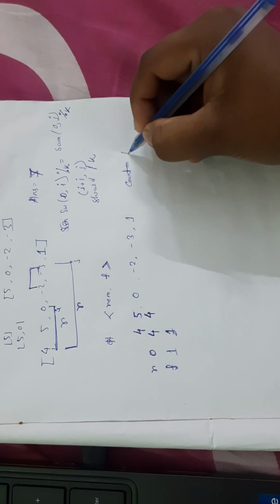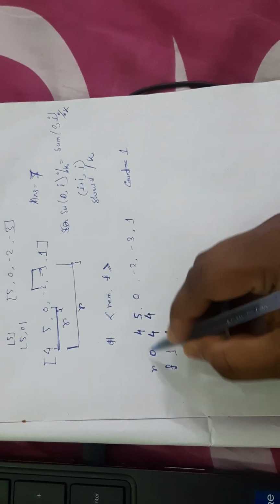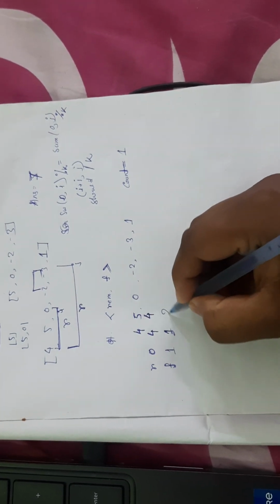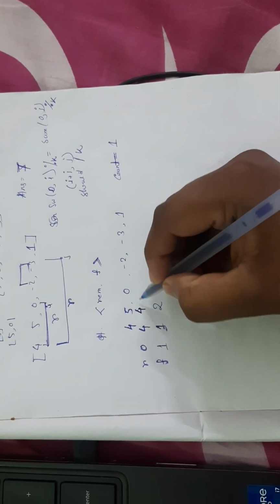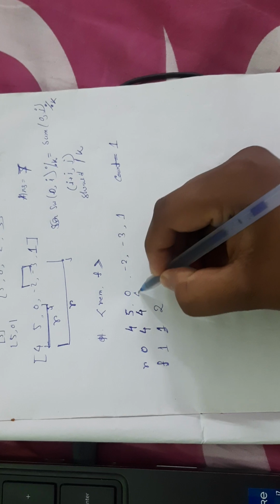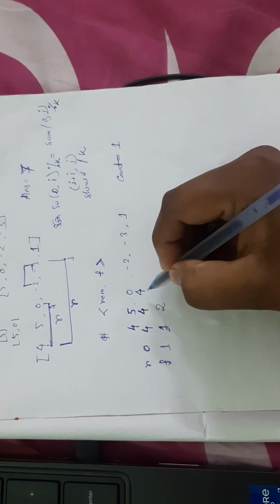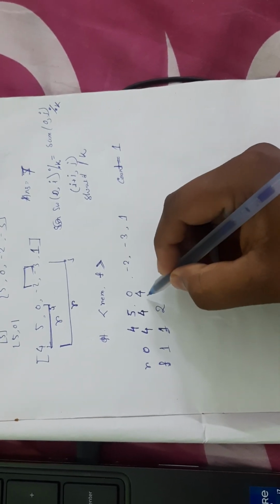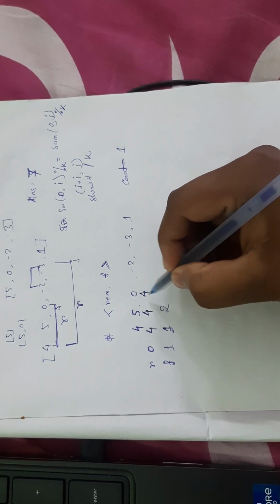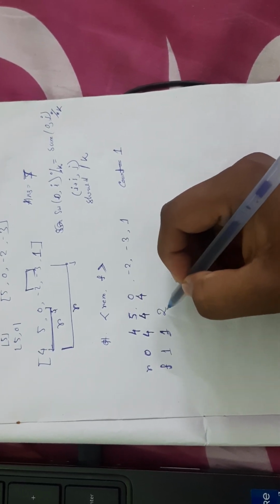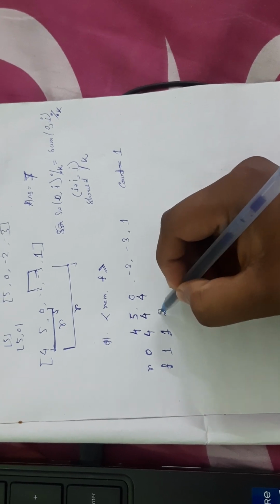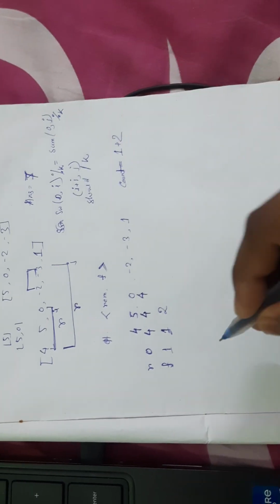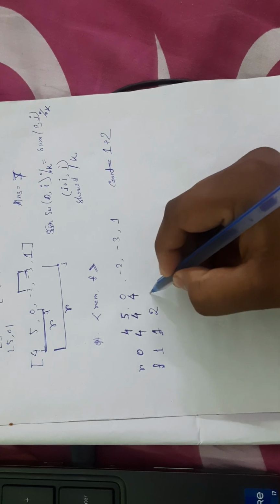So here we add 1, and now the frequency of 4 becomes 2. We move forward, and here also the remainder is 4, and previously 4 has a frequency of 2, so we add 2 here, and we increase the frequency of 4 to 3.